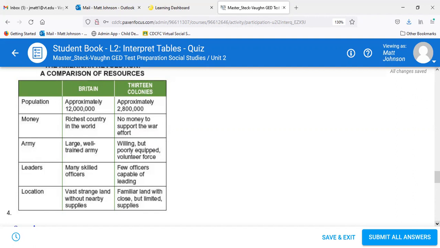Our rows are for population, money, army, leaders, location. So population, first off: Britain, fairly well populated by the time of the American Revolution in the later 1700s, 12 million people residing in Britain. Combined, the 13 colonies had about 2.8 million people living in them during the American Revolution. So just a fraction of the population of Britain.